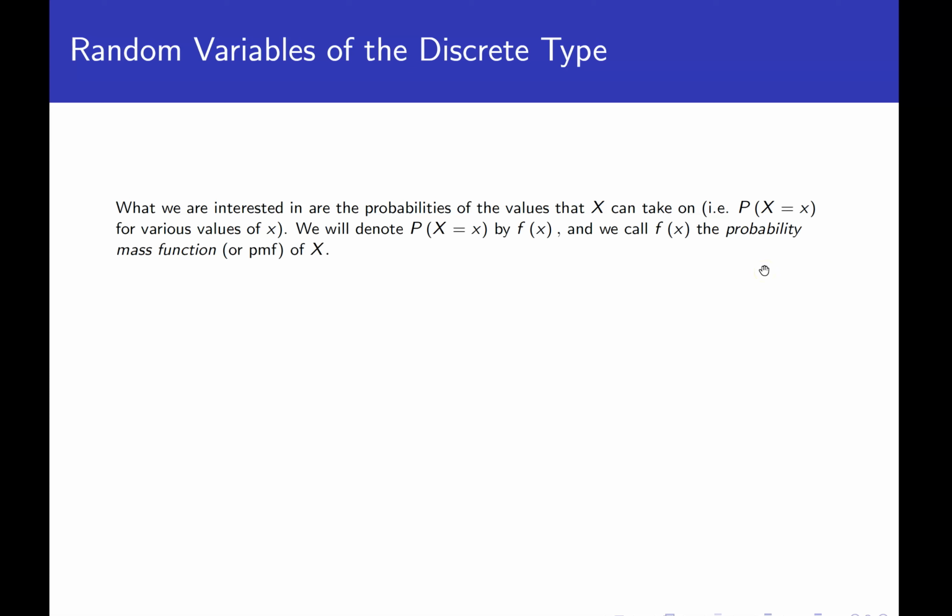Typically, we denote this by a function. Usually, we use an f. The letter doesn't matter, f is just usually the first one we get to. So we call f of x here the probability mass function, or PMF, of x. I use PMF for short, because saying probability mass function over and over again gets a little tiresome.